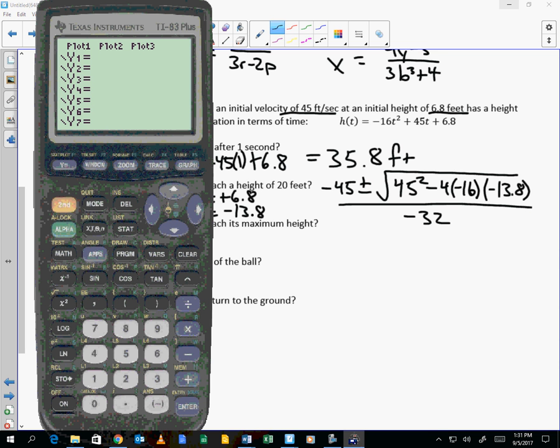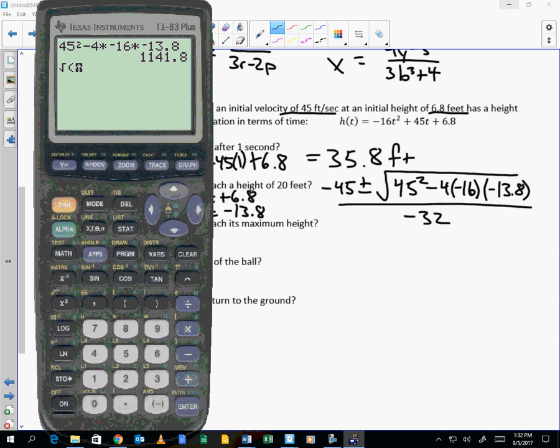Okay. 45 squared minus 4 times negative 16 times negative 13.8, and I get that. Now, what do I have to do with that? Here's something new for you. I want to take the square root of that.